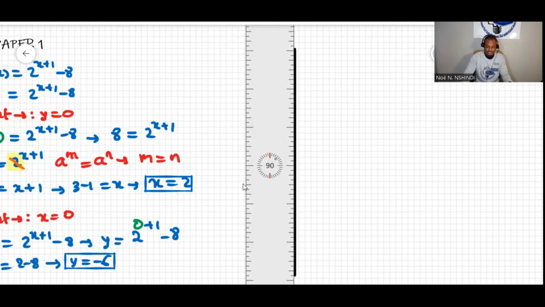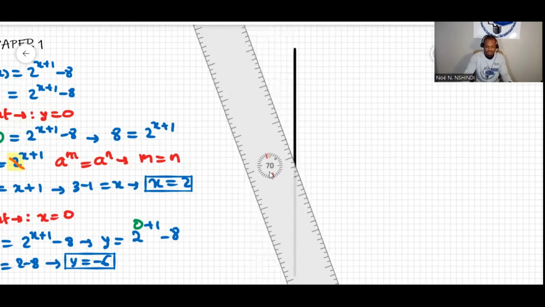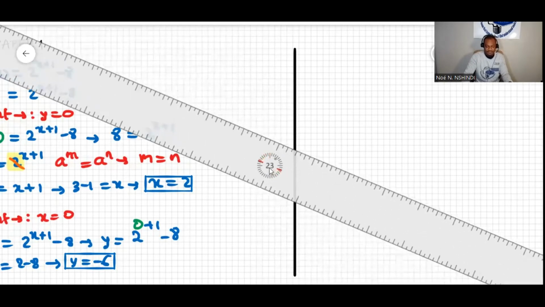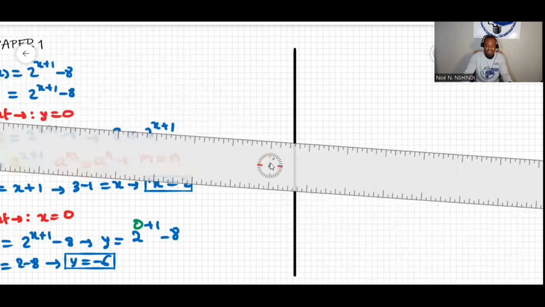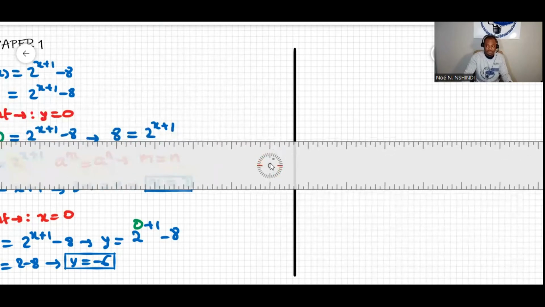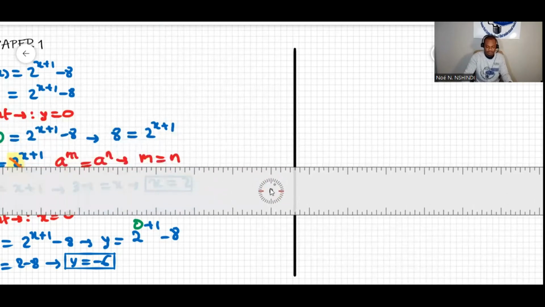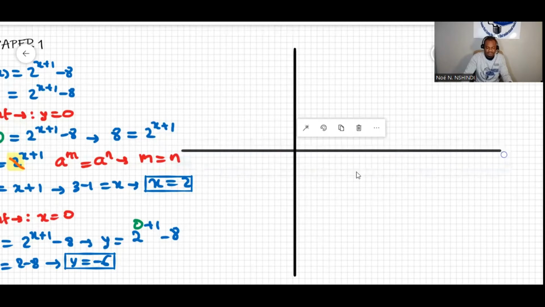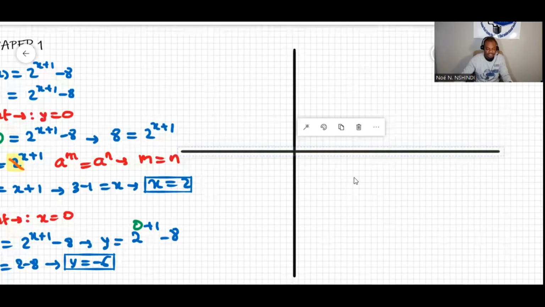Okay, this is the y-axis. Now I'm going to draw also the x-axis. The x-axis and the y-axis are perpendicular to each other. I think I need to move this one a little bit upward like that. Okay, so now let's take the measurements.